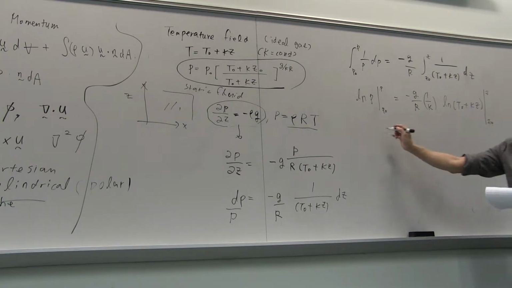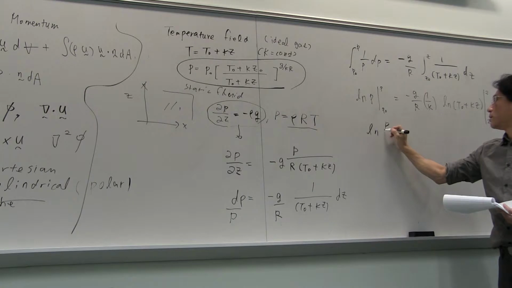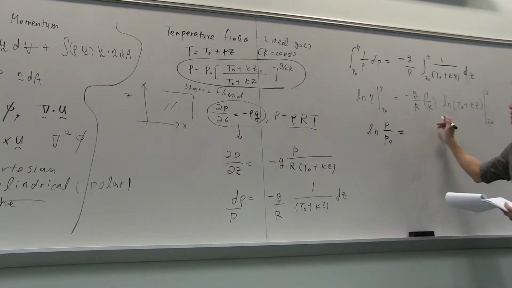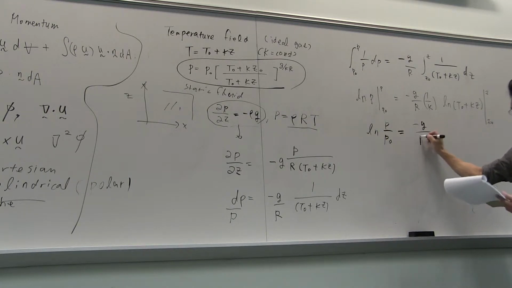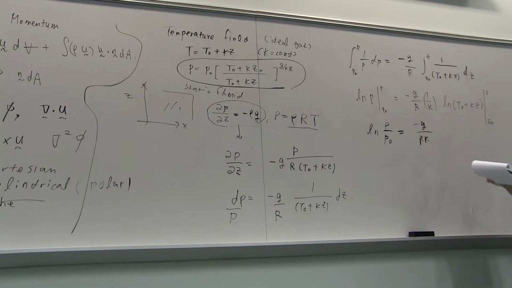If you do that, you end up with log of P over P naught, which is negative g over R k times the log of (T naught plus k z) over (T naught plus k z naught).